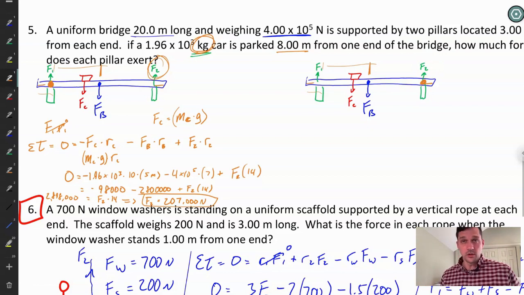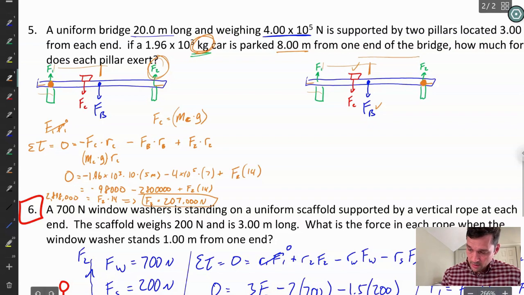So I'm not going to spend time to do all of the algebra out, but suffice to say that we still have the force of the bridge, we have the force of the car, and we know the distance that all those things are away from the pivot point. So you could repeat and go the other way.